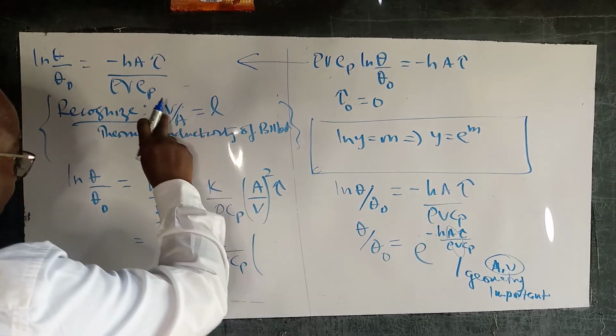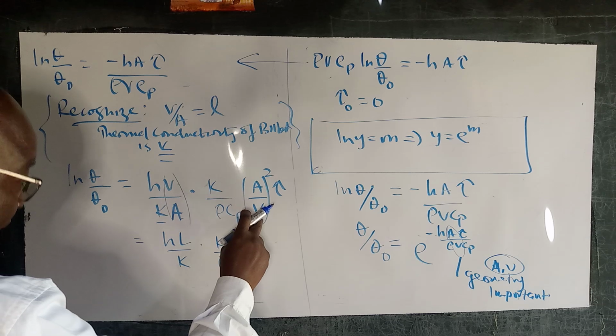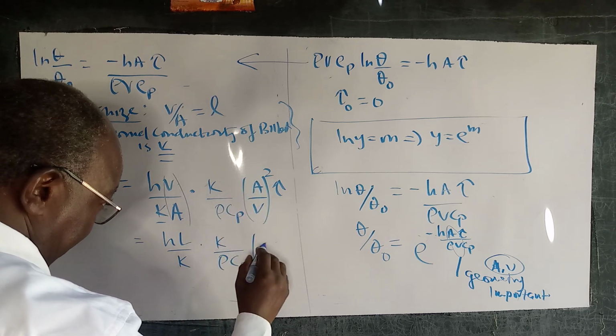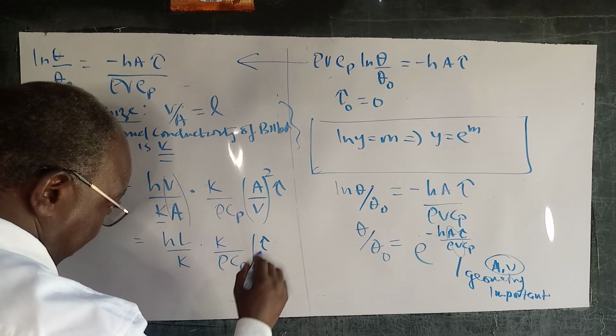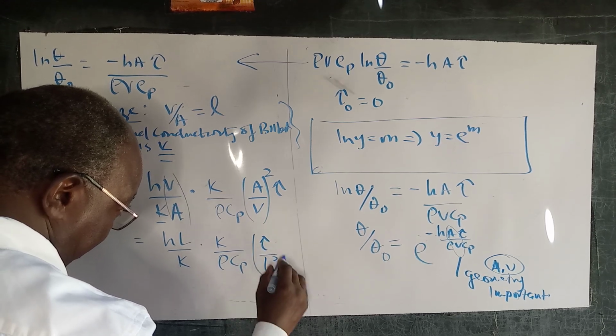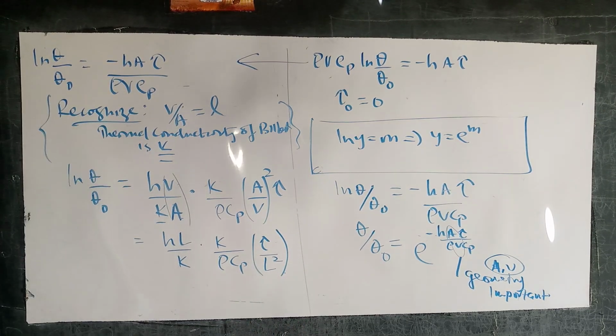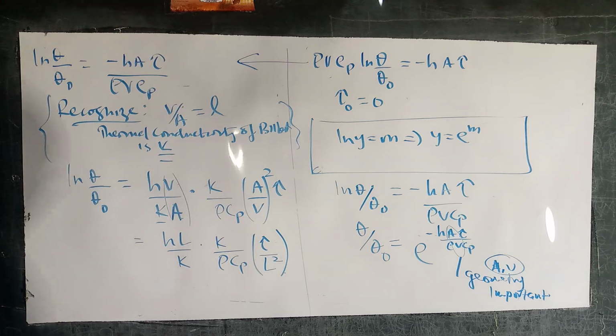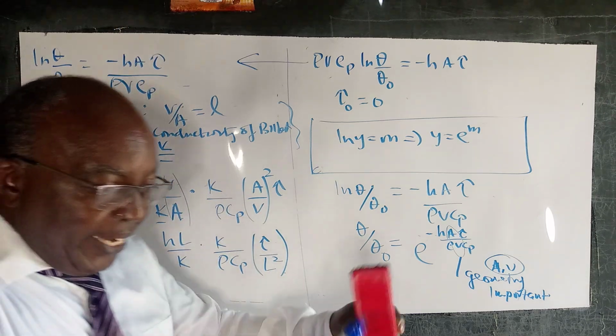V over A is L, so this is 1 over L squared, so that becomes tau over L squared. Now, this is basically that expression, but we have just broken it up.